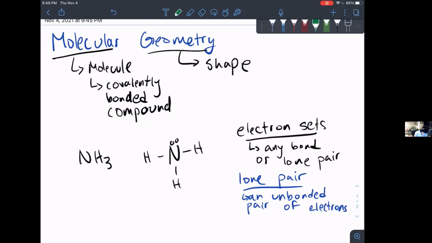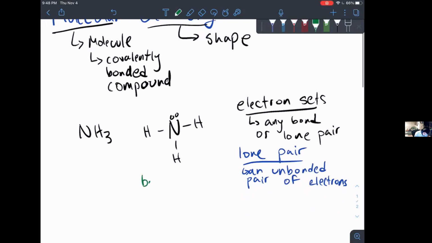And then lastly, we're going to look at a bond, which is just a bonded pair. And it can be a single, double, or I don't know, I was going to do three, triple covalent bond.